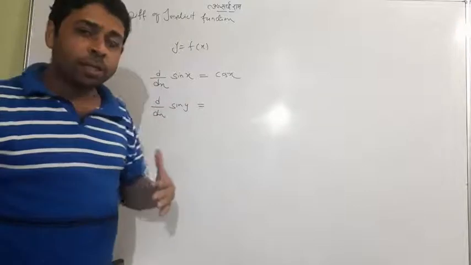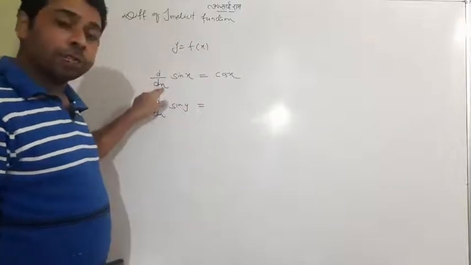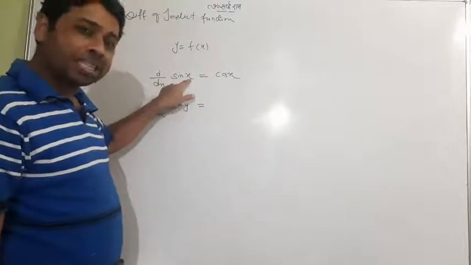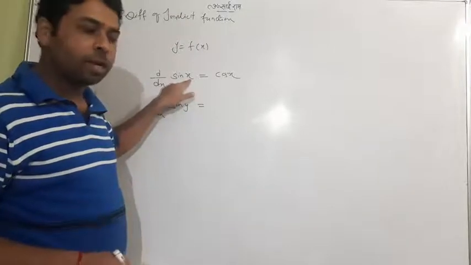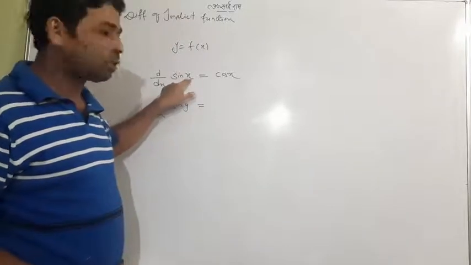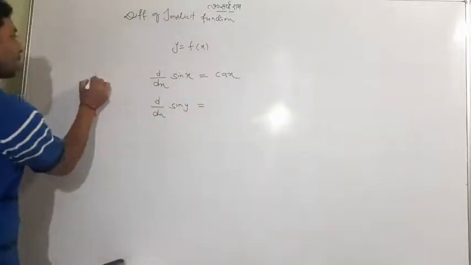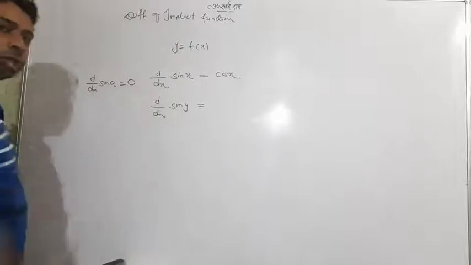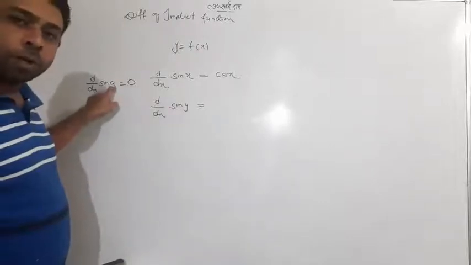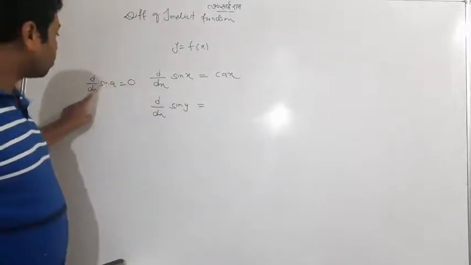And what we have learned till now is that if something other than x comes, like a constant such as sine a, and I ask you d by dx of sine a, one should know that it is 0 because a is a constant value and x is the variable.